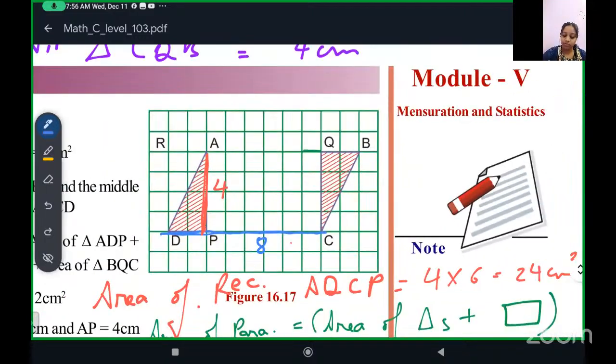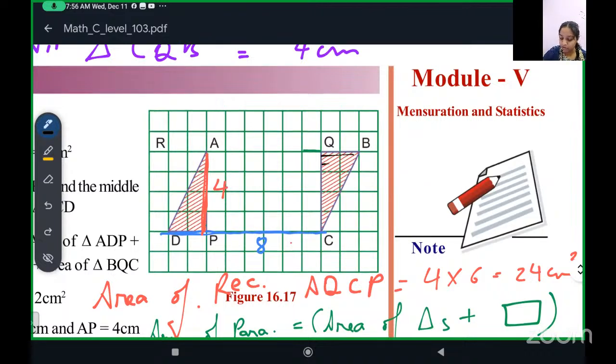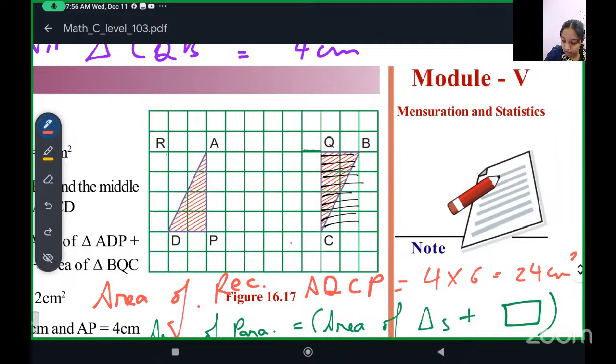Let's do that. Remove this triangle, remove this portion. Now it's a trapezium. But what will we include? We will include this portion.